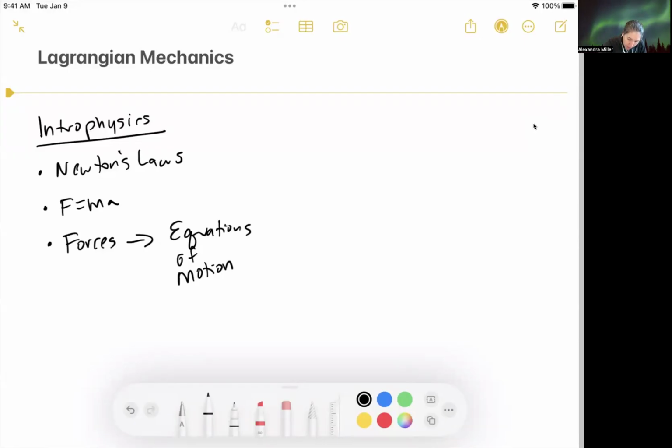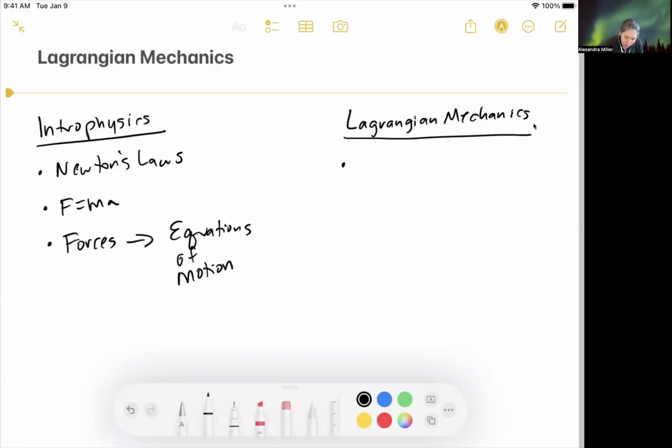When you learn about Lagrangian mechanics, we're going to be studying the exact same types of systems, and the answers that we will get will be exactly the same that you would have gotten if you used Newton's laws, but the framework that we're going to be using, what we're actually going to be doing, is going to look very different.